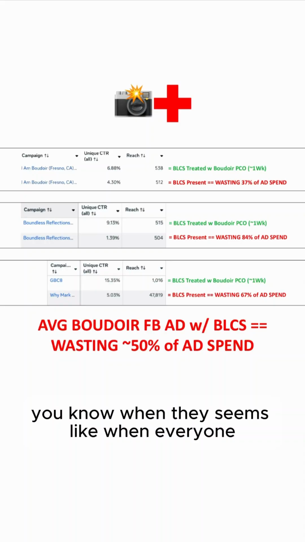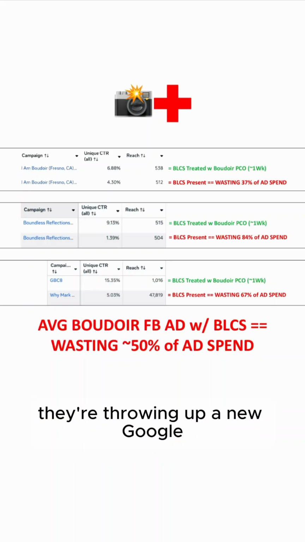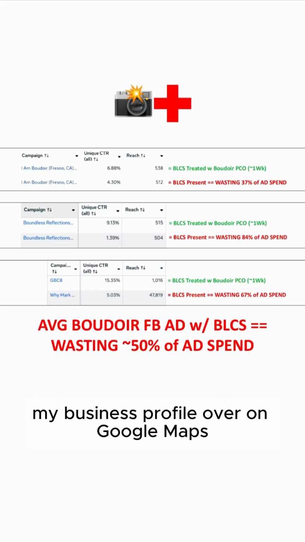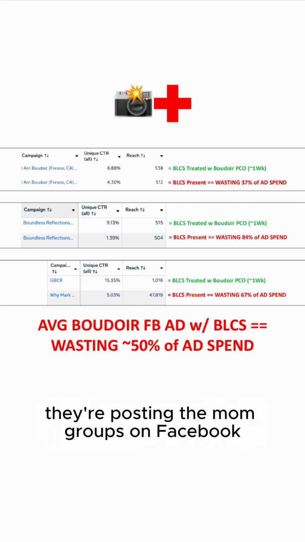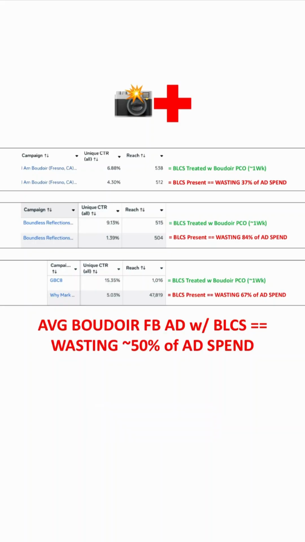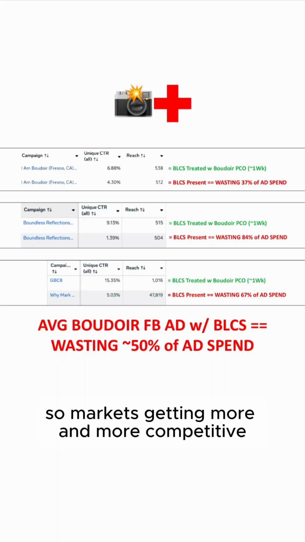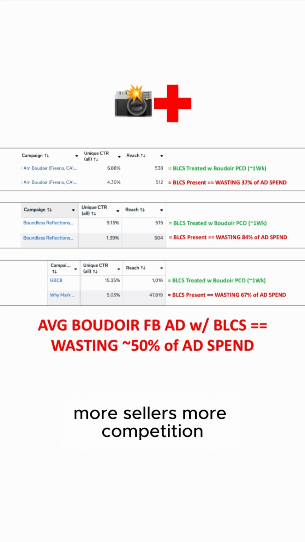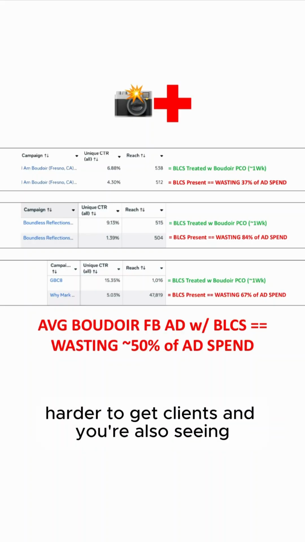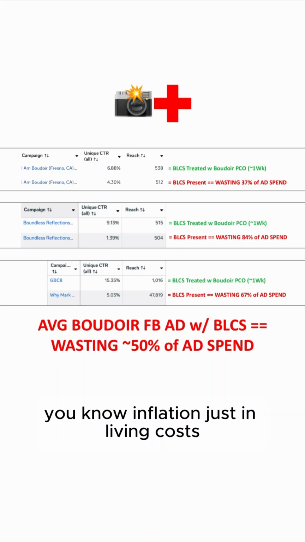It seems like anyone who gets a new iPhone is throwing up a new Google My Business profile over on Google Maps, saying they offer Boudoir. And if anyone gets a new camera, they're posting in the mom groups on Facebook that they also shoot Boudoir. So the market's getting more and more competitive. Same number of buyers, but more sellers, more competition. So you're seeing more saturation, harder to get clients, and you're also seeing inflation in living costs.